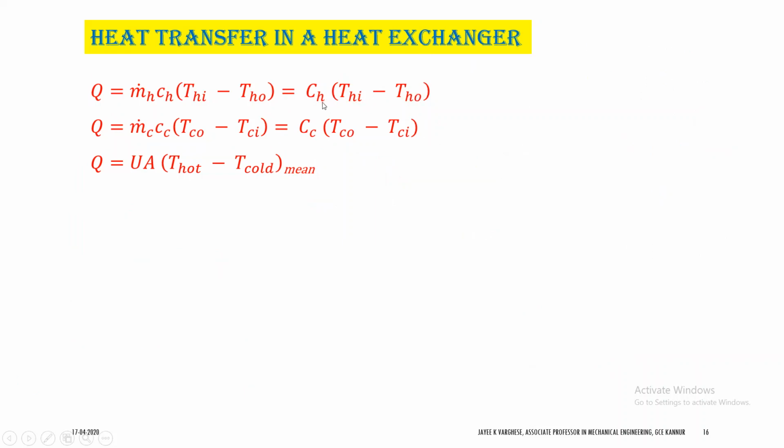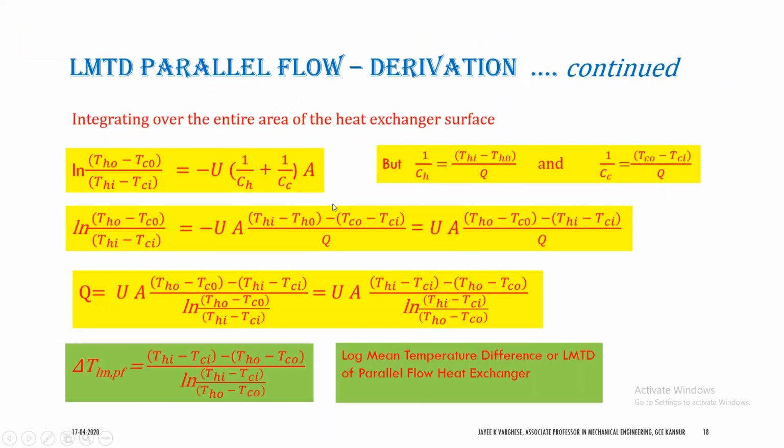So Ch is equal to Q divided by Thi minus Tho, or 1 by Ch is equal to Thi minus Tho divided by Q. Similarly, 1 by Cc is equal to Tco minus Tci by Q. Whether it's a parallel flow or counter flow, this equation will be the same. So 1 by Ch is equal to Thi minus Tho by Q, whereas 1 by Cc is equal to Tco minus Tci by Q. Now let's use this relation.